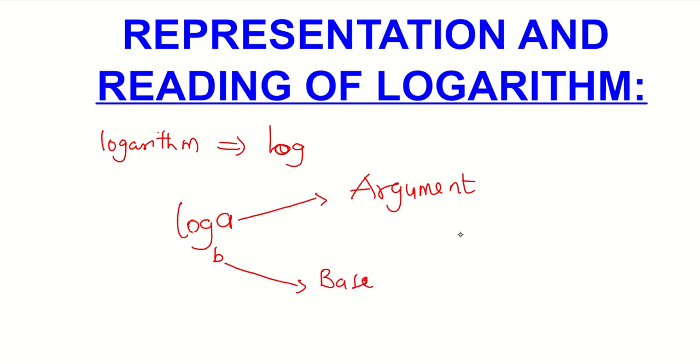Henceforth, if we have something like log m n, it means this logarithm has an argument m and a base n.